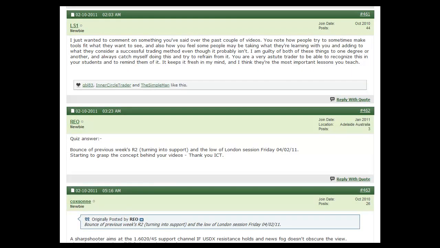Okay, real quick, LS1 noted that they have been guilty of form-fitting their newly acquired tools into their preconceived notions and trading plan, and it's very mature of you already, if you are a new trader, to have this mindset.